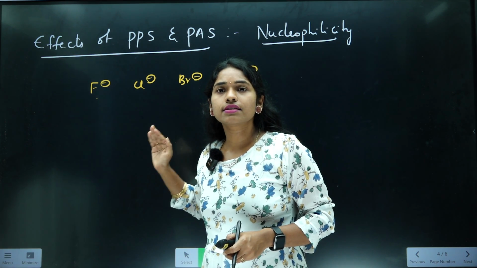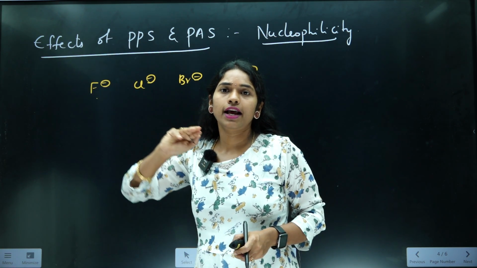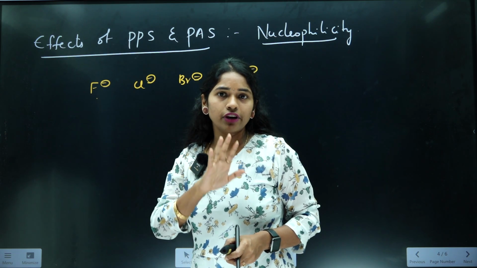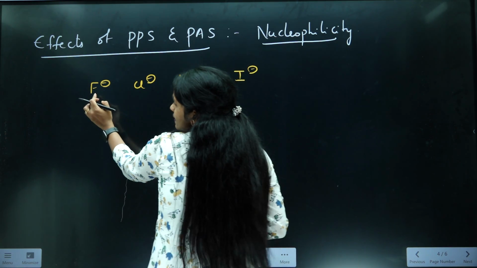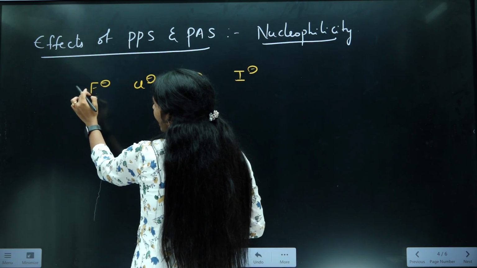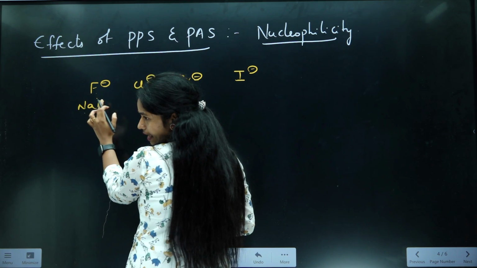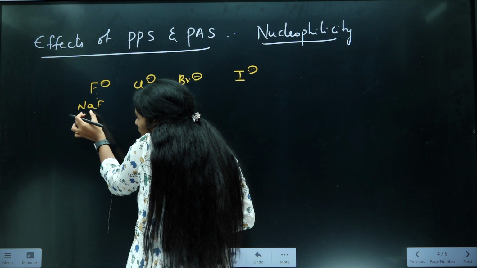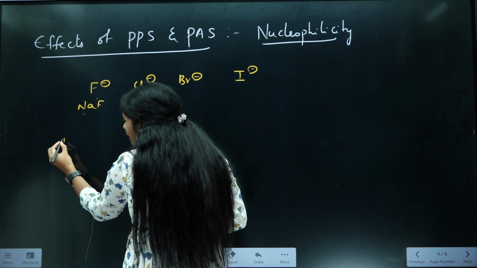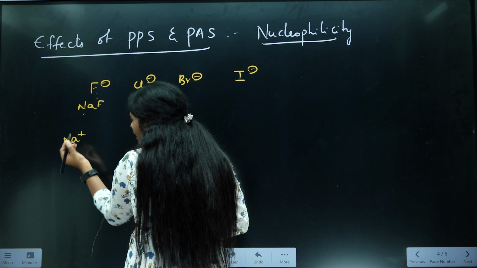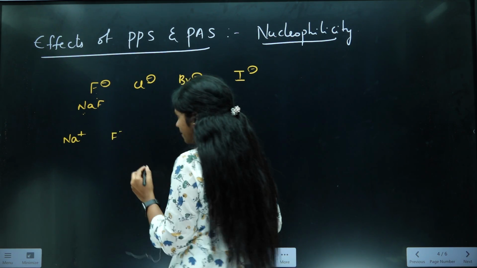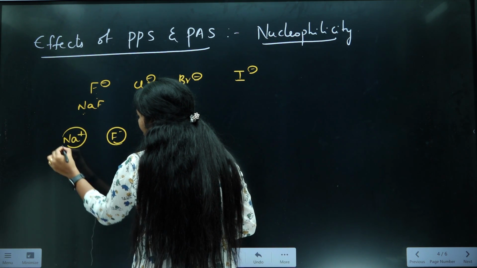You want to find which one acts as a strong nucleophile and which one is a weak nucleophile. Take NaF, Na plus F minus. It will break into Na plus and F minus.